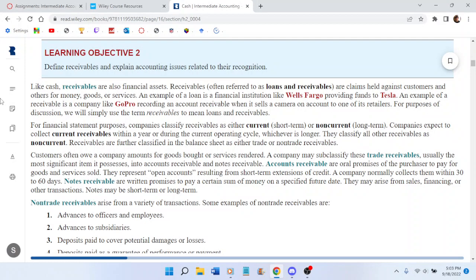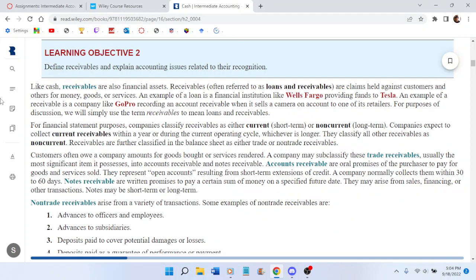For financial statement purposes, companies classify receivables as either current or non-current. Current receivables are expected to be collected within a year or the current operating cycle. All other receivables are non-current. Receivables can be further classified as either trade or non-trade receivables. Customers often owe companies amounts for goods bought or services rendered.